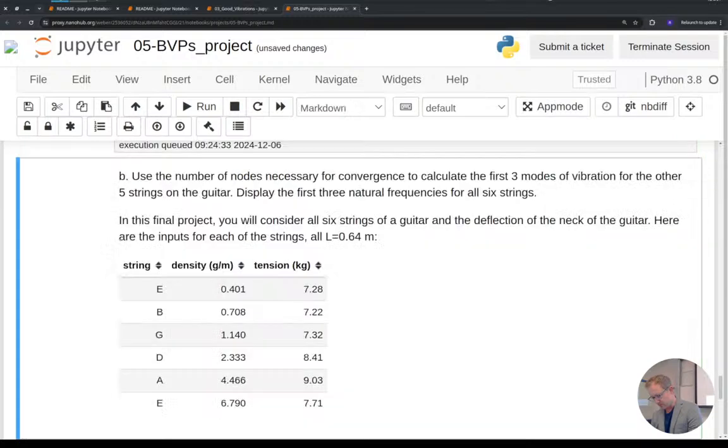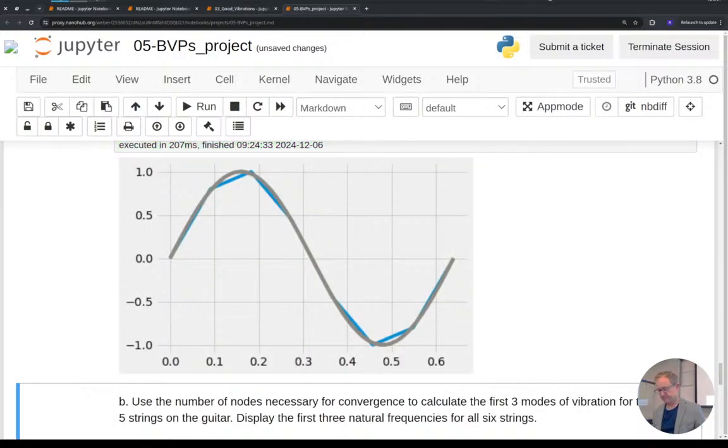Let's see how that one works. There we go. Looks pretty good. We'll catch up.